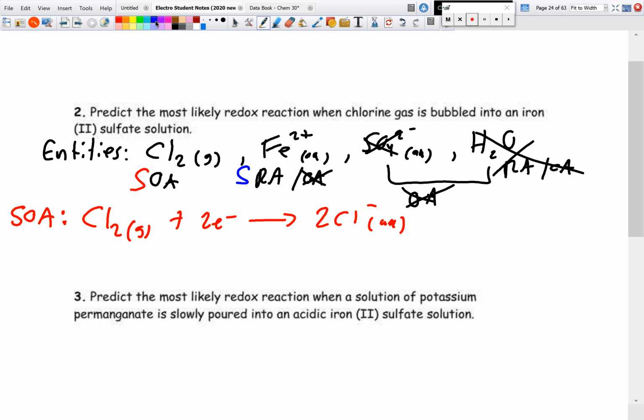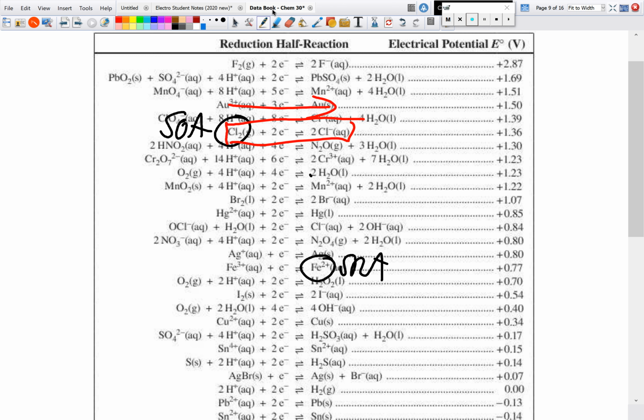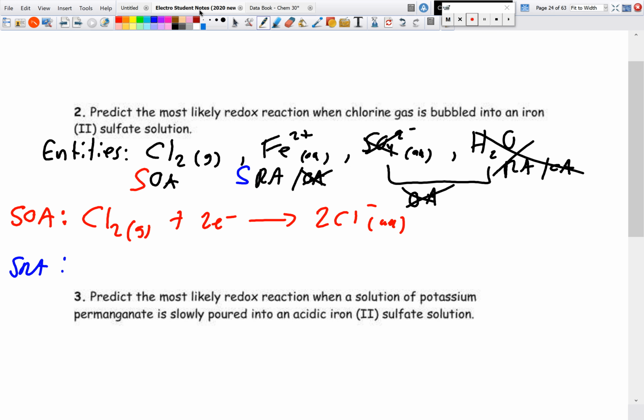And then for our strongest reducing agent, which is our iron half reaction, remember we have to read it backwards, from right to left. So we start with Fe2+, producing Fe3+ plus an electron.